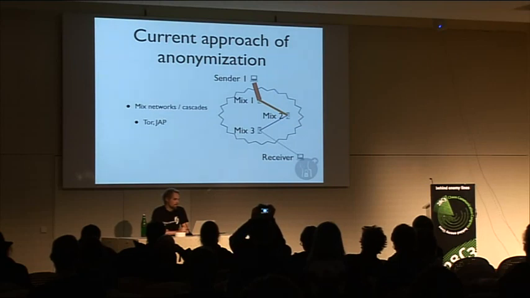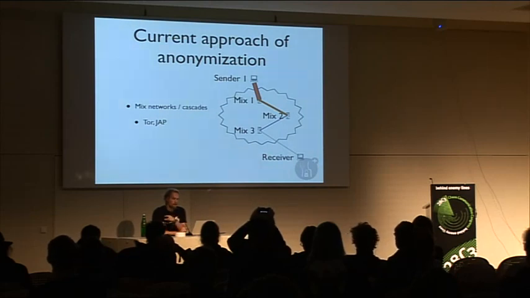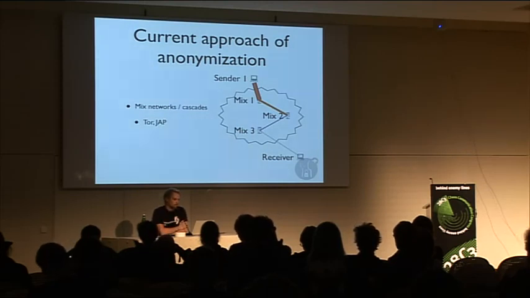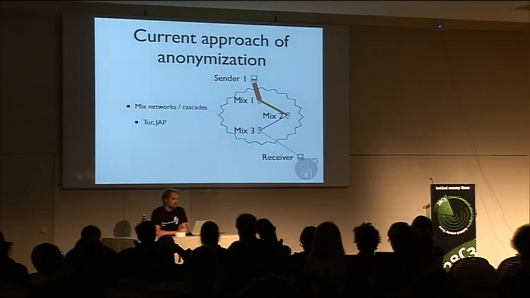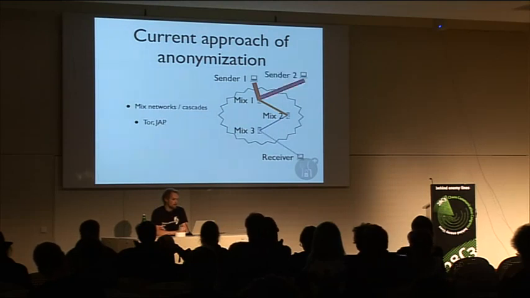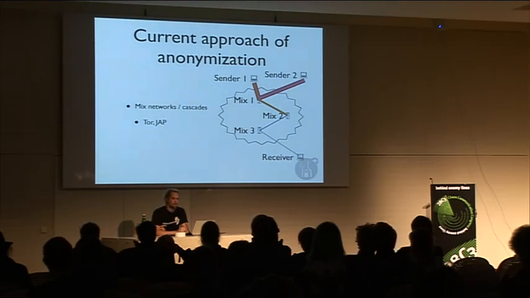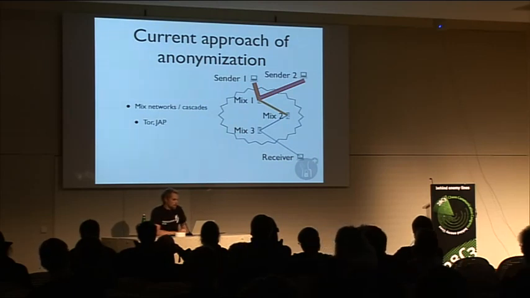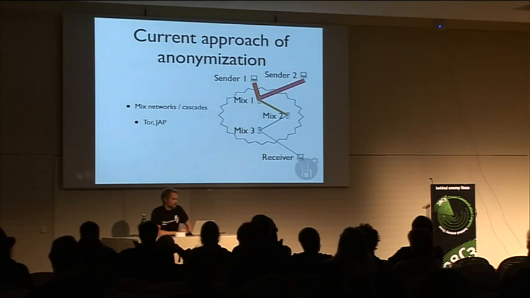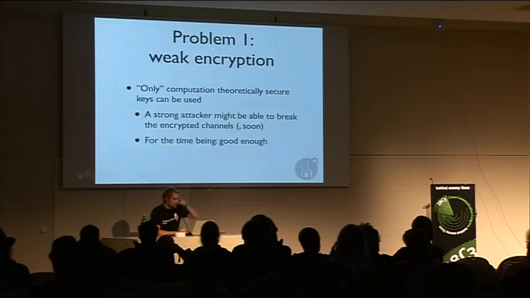There is a network or a compound of so-called mixes, and a sender can construct enveloped, encrypted channels through these mixes to hide the fact who is communicating with whom. And if there are different senders, and a second one, for example, does the same, then from outside it will become very difficult to find out who's communicating with whom. So I guess everybody of you will already know about this idea.